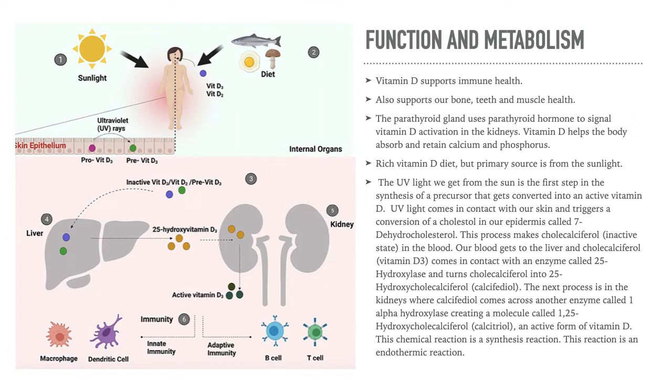The next process is in the kidneys, where the calcifediol comes across another enzyme called 1-alpha hydroxylase, creating a molecule called 1,25-hydroxycholesterol, which is an active form of vitamin D. This chemical reaction is a synthesis reaction, and this reaction is an endothermic reaction.